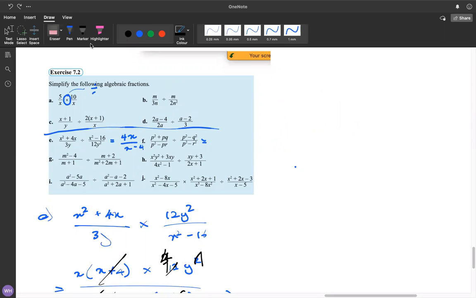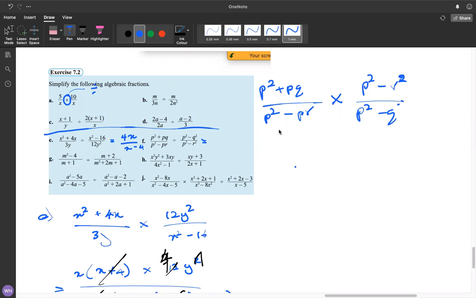Okay. So let's do this. P squared plus P cube divided by P squared minus PR. I'll write it in the product times P squared minus R squared divided by P squared minus Q squared.